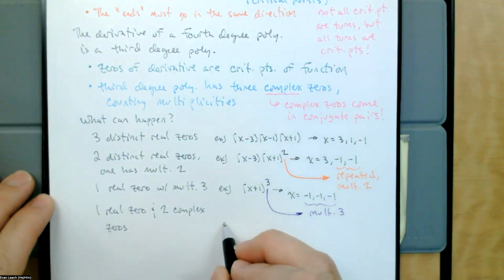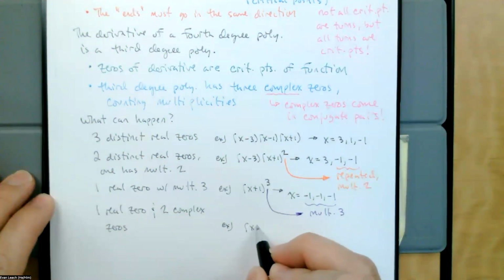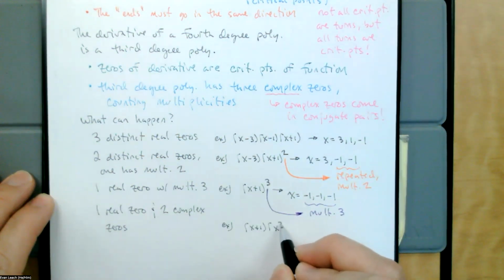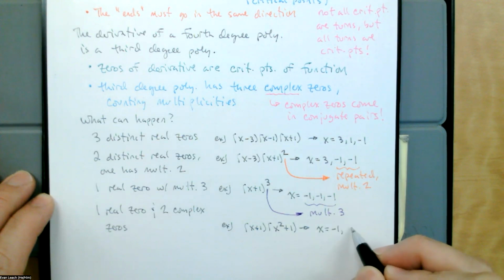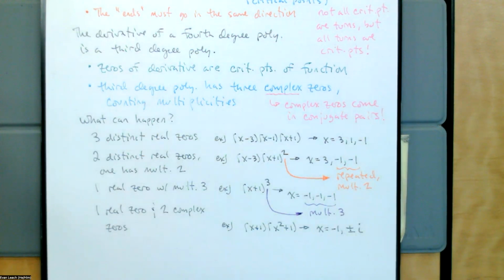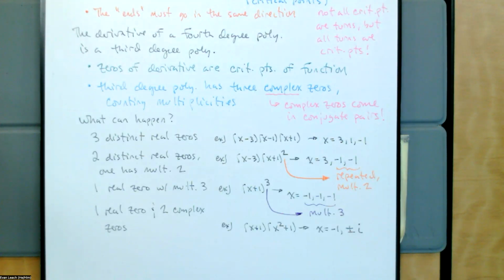For example, x plus 1 and let's say x squared plus 1. Our zeros would be -1 and plus and minus I. They're the complex zeros showing up in conjugate pairs, 0 plus or minus 1. The complex conjugate zeros come from the same irreducible quadratic factor.